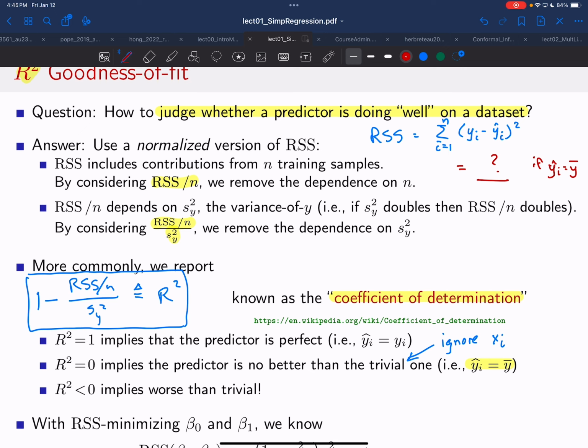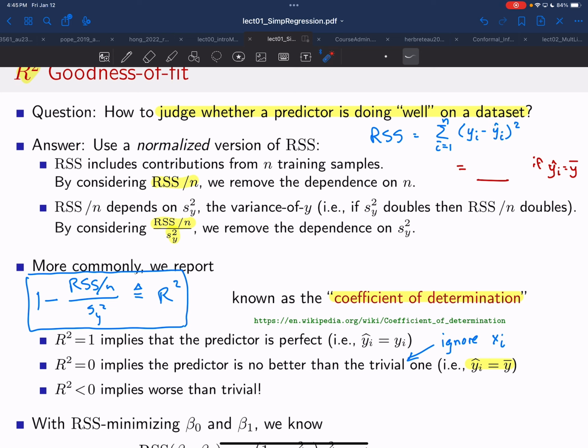Let's see, is Josh Lees here? Yeah, so Josh, just plug y bar into that expression. It should look a little bit familiar. Do you see it? If this is y bar, this should look familiar.